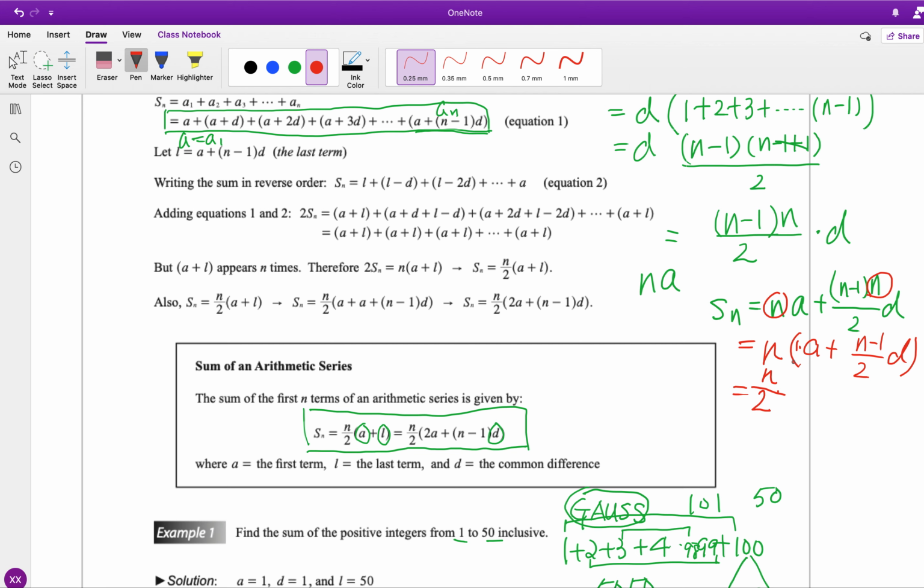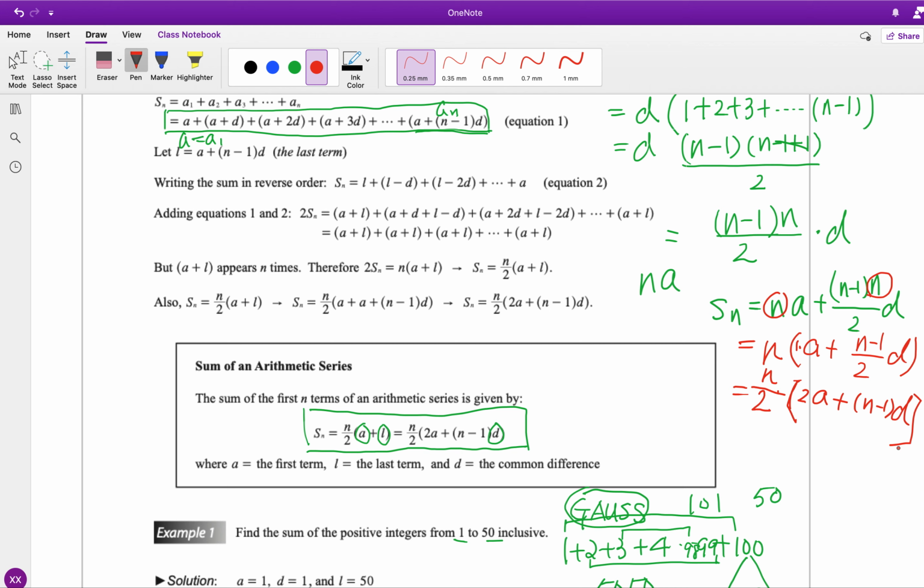Factor out a 1 over 2, that becomes 2a. If you multiply back in, 2 and 2 cancel and give you 1. So then this plus n minus 1 d. And that is your formula. Look at this: n divided by 2, multiplied by 2a plus n minus 1 d.